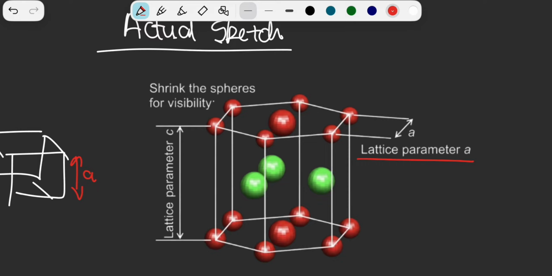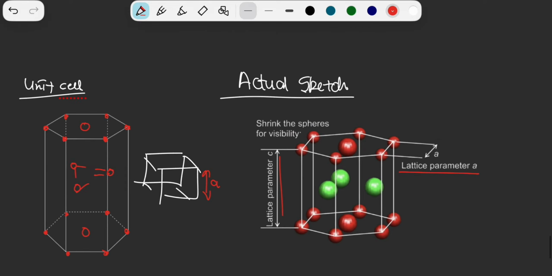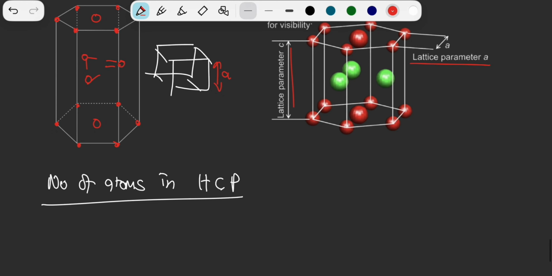So this is going to be A, and this is going to be C. The height of this hexagonal structure is going to be C. So we have two lattice parameters, parameter C, which you didn't have before for a cube, because a cube is just A throughout. So we have the height C of this sketch, and we also have A, which we're supposed to find out later, as always. So that's important for you to think about.